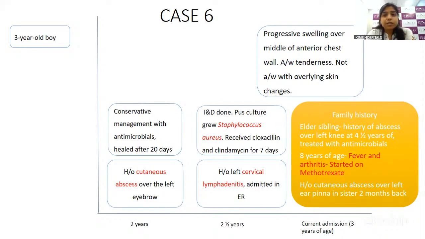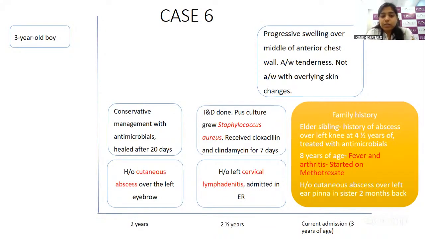At 3 years, he presented with a progressive swelling over the middle of the anterior chest wall. When we had a little chat with the parents, we found that the elder sibling had some history of abscesses, and there was an arthritis also, which was managed with methotrexate, and a few episodes of abscess over the ear pinna or on the left knee also requiring antimicrobials.